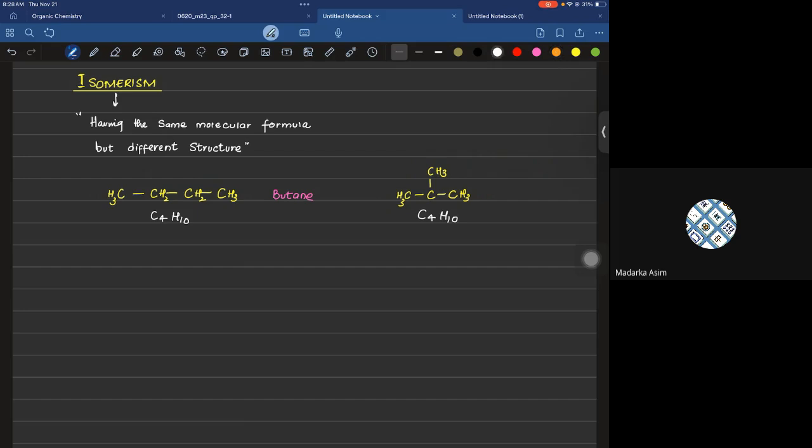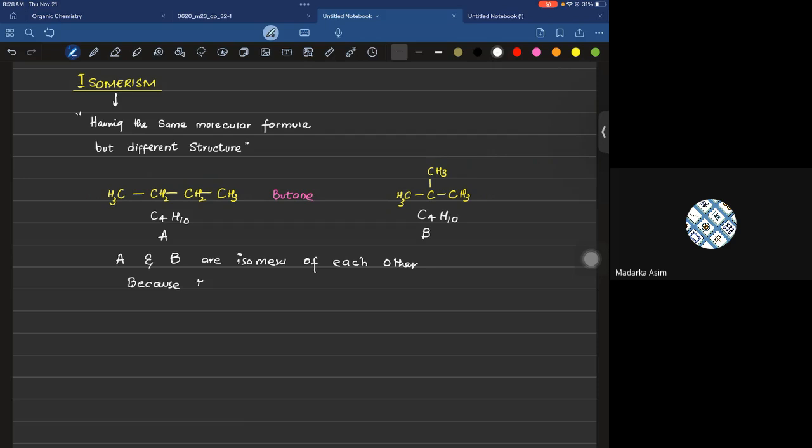So I can say that this is structure A and this is structure B. A and B are isomers of each other, right? Why?